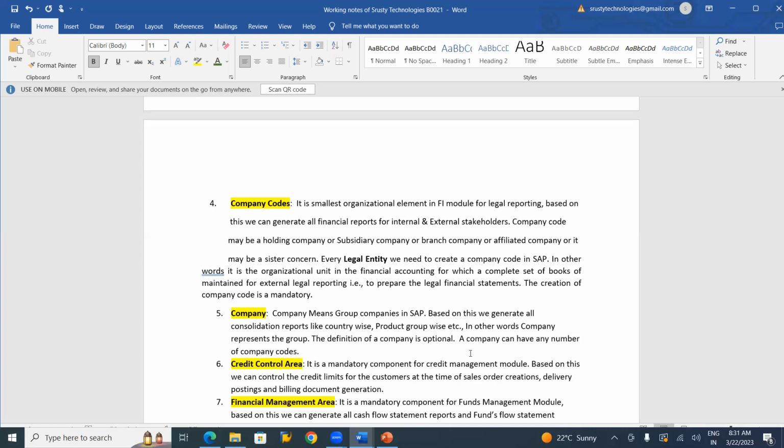Full stop. Every legal entity, we need to create a company code in SAP.